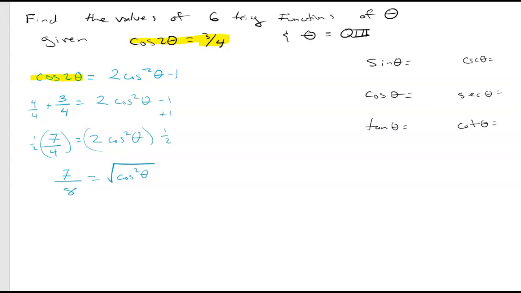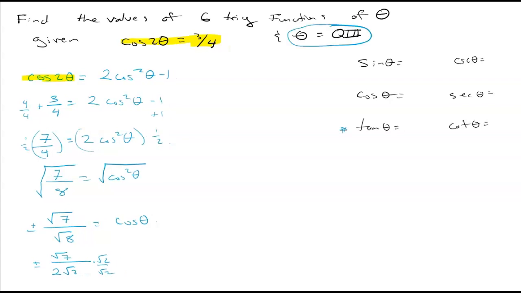And then I'm going to take the square root. Remember, when you take the square root of a fraction, this becomes the square root of 7 all over the square root of 8, with a plus or minus, because again I've got to figure out which quadrant I'm in. So cosine of theta. Simplify the square root of 8. So this becomes the square root of 7 over 2 root 2. And then we are going to rationalize our denominator, so we're going to multiply top and bottom by root 2 over 2.